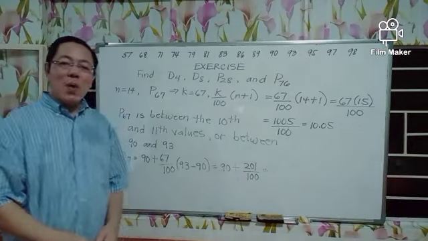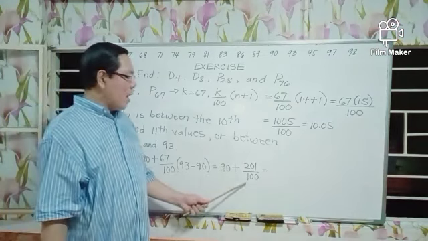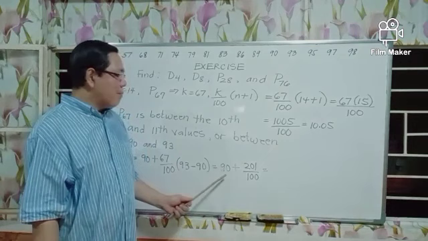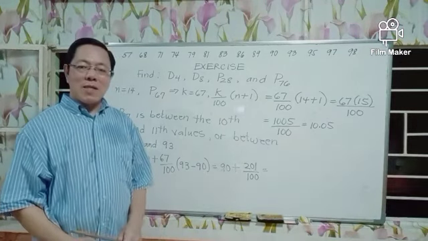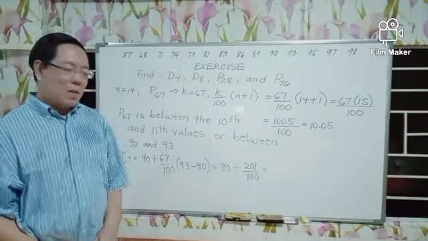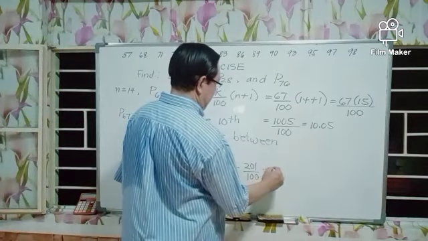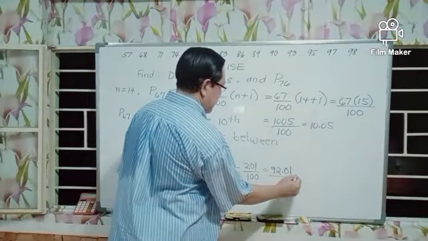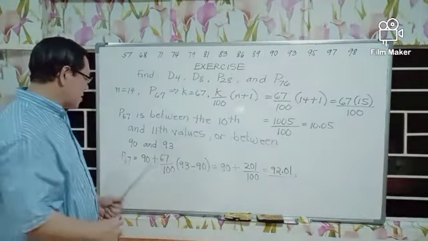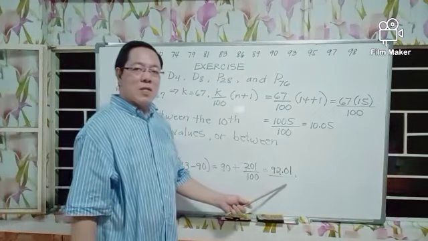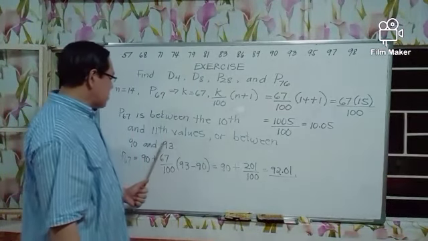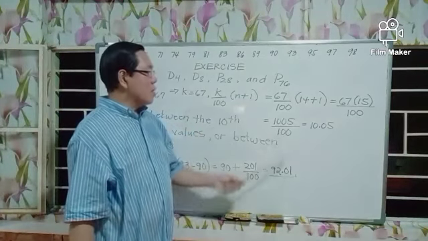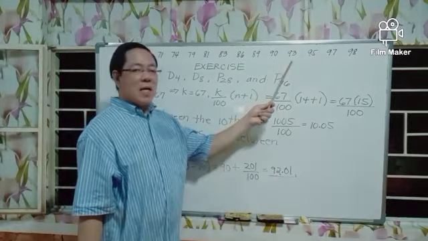And we divide 201 by 100. 201 divided by 100 is 2.01, plus 90, you get 92.01. The value of the 67th percentile is 92.01, and it is between 90 and 93.